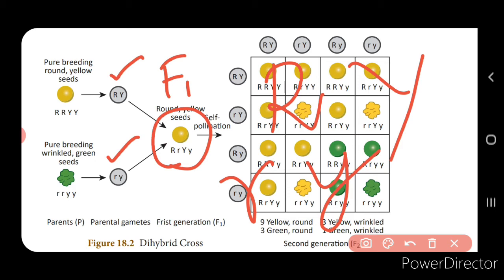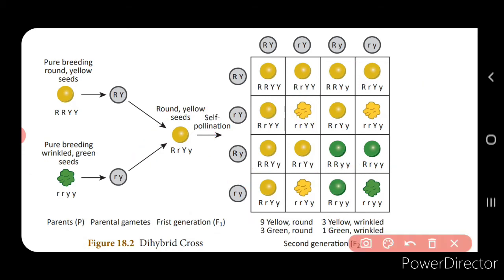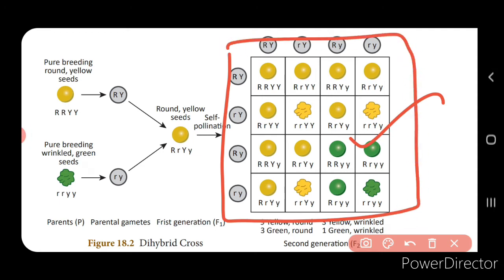So when the hybrids of the first generation having round yellow seeds were cross bred by self pollination, you get the second generation. Now in the second generation, you can see it is represented in the form of a checkerboard, isn't it? So this is called the Punnett square.